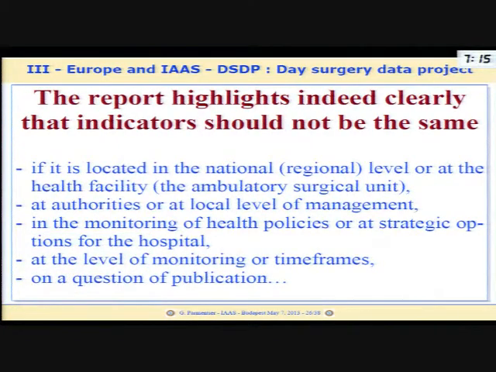The report highlights indeed clearly that indicators should not be the same if it is located on national or regional level, or at the health facility, in fact, the ambulatory surgical unit for us. If it's for authorities of a local level or for management of the unit, in the monitoring of health policy or at strategic option for the hospital or the unit, at the level of monitoring or time frame, or if it is a question of publication.